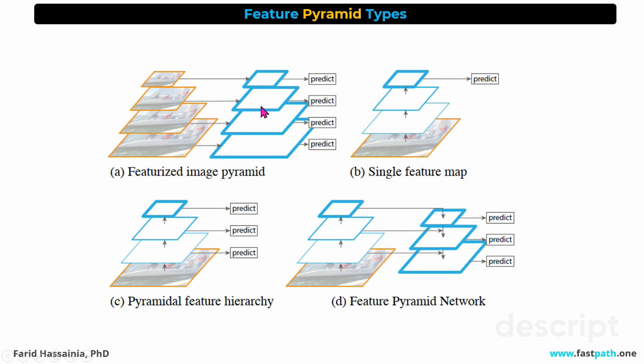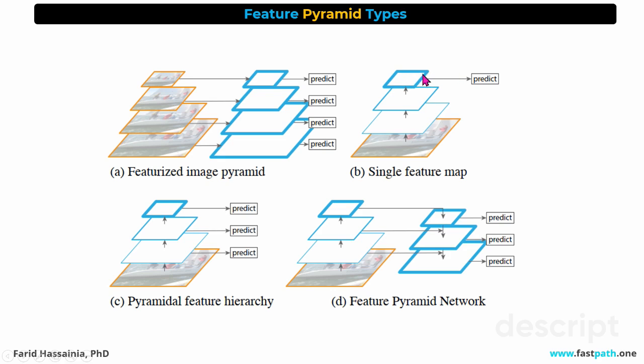The problem with this technique is that it's time consuming and also compute intensive because we have to create a feature map for each resized image. So to overcome that, we try to leverage the classification technique. So we create our pyramid of feature maps, and like in classification, we take the last layer and then we predict the class.